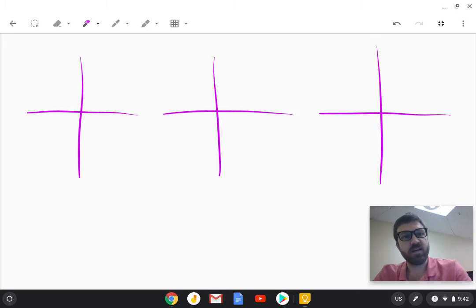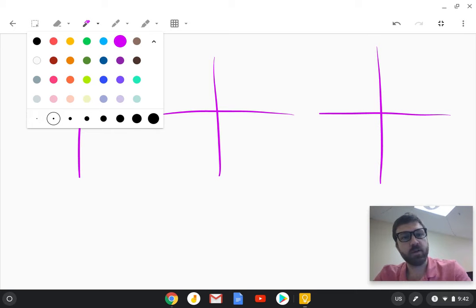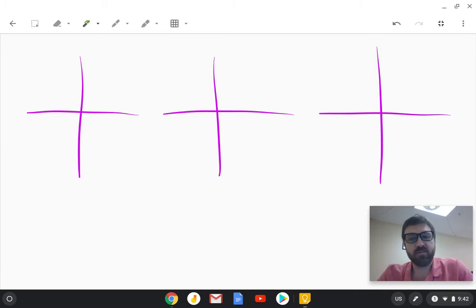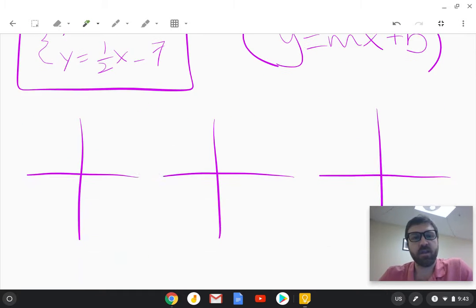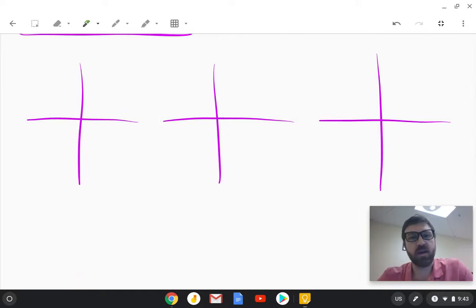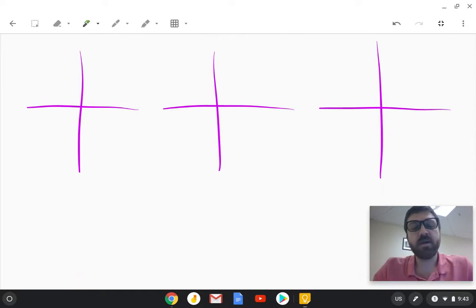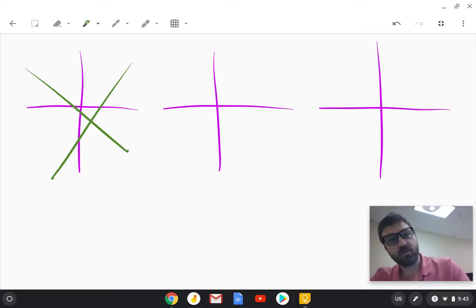In each of these, I'm going to show what it would look like for a system of equations to be graphed. Remember, a linear equation graph is a straight line. So if I graph two straight lines, there's three ways that they can be related. One, the most obvious, is that they just cross somewhere on the graph.